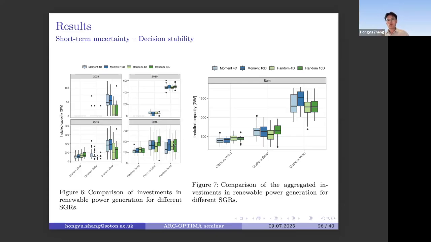But if we take a look at the plot to the right, it's not hard to find that despite being a little bit unstable, the structure and the mix of wind and solar is quite similar, although the mean values are different between moment matching and random sampling.